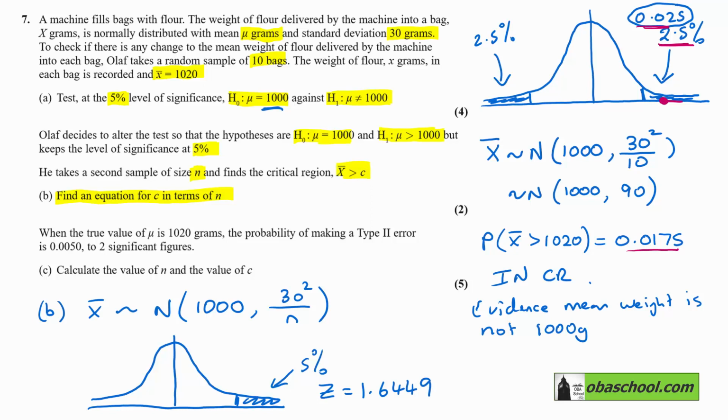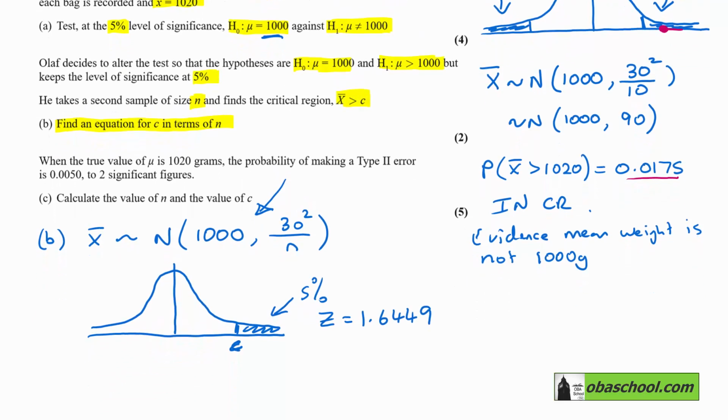And that means that what we need to do is standardize the information here. This value, of course, is the c, because it said the critical region is x is more than c, so c would be the boundary of that region. Okay, so there's the mean and there's the variance. That means the standard deviation would be 30 over root n.